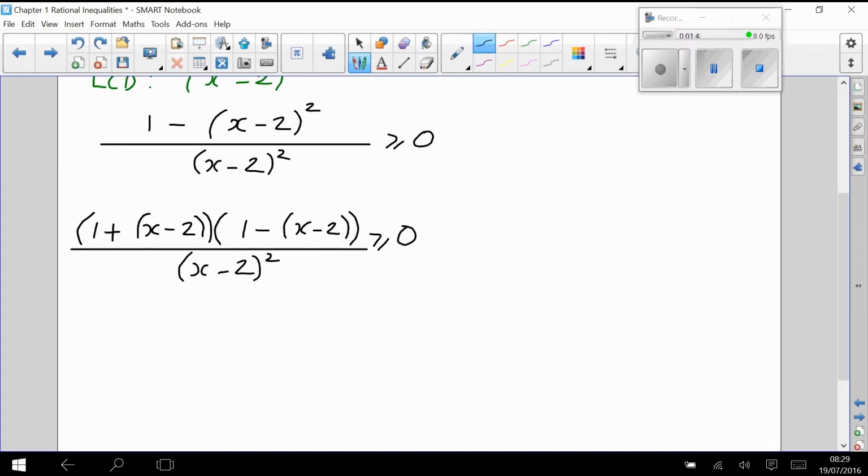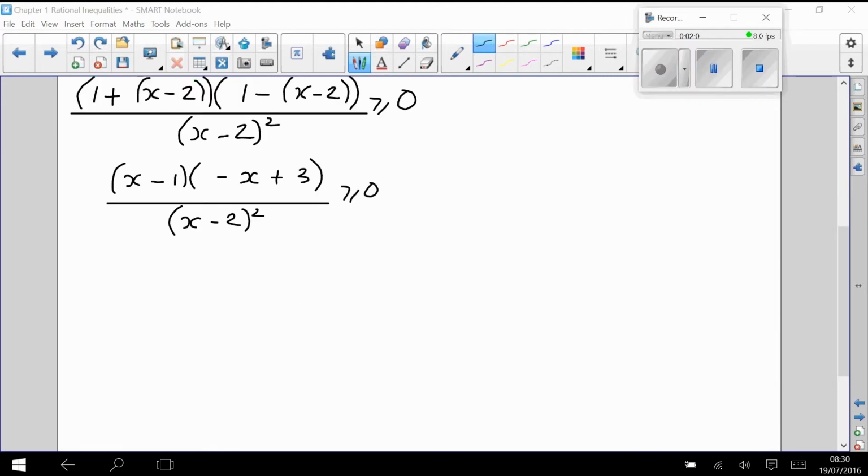And now when I add the terms inside each of these brackets in the numerator, my first factor is going to be x minus 1, and my second factor is going to be minus x plus 3. As my method does not work if my first term, the x term, is a minus, I have to take out a minus from the left-hand side and divide both sides by minus 1.